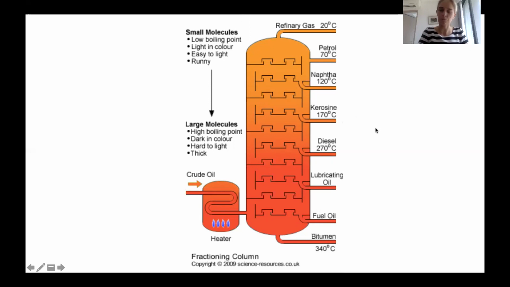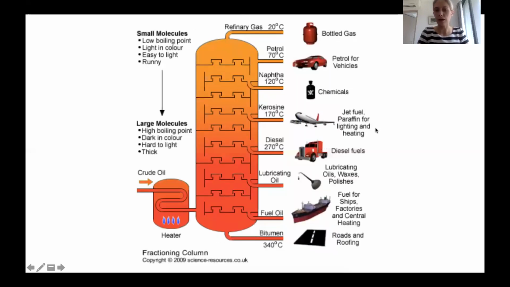The last thing you need to make a note of, guys, is some of the uses of each of these fractions. So methane, ethane, propane, you know we use it as gas. It comes out the gas taps in the science labs. Petrol for cars. Naphtha is used generally in the production of other chemicals for making pharmaceuticals, things like that.